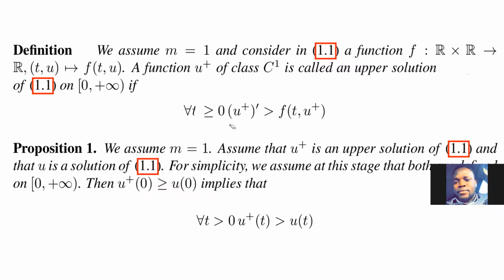But I'm interested here in recalling the definition of an upper solution. So when you have an ODE, let's assume that our ODE is u' equals F(t, u). An upper solution is when you replace the equal by greater.